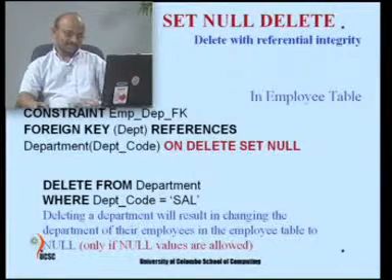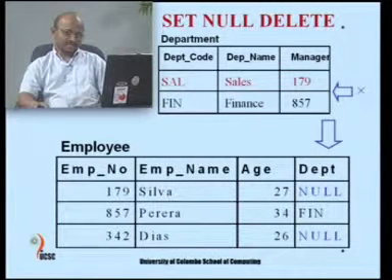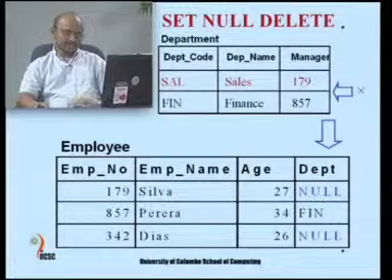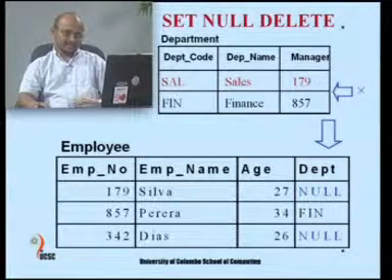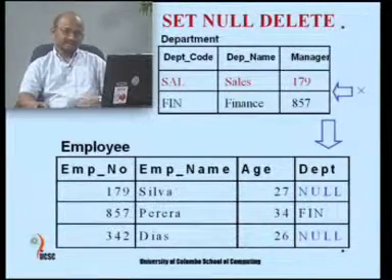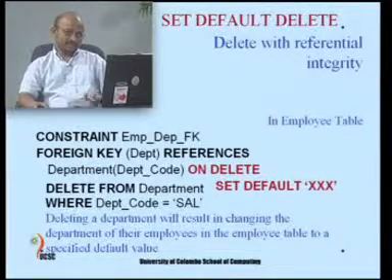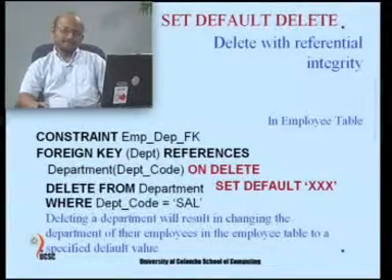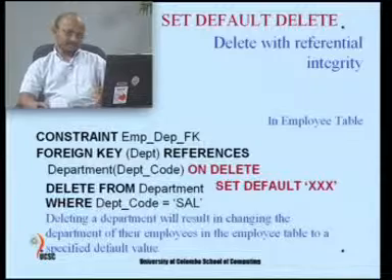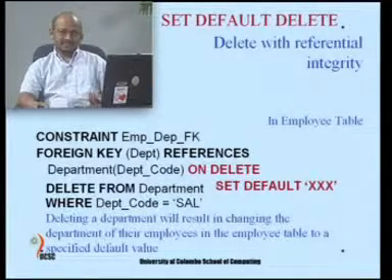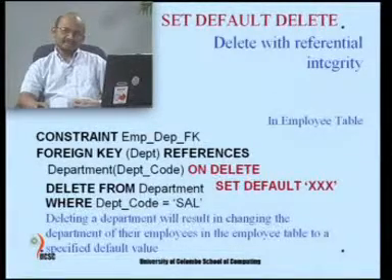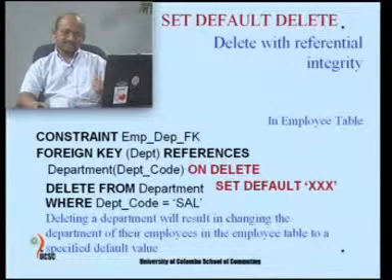In this particular case we are showing how to assign a null value, which will delete the sales department record and assign null values. And similarly, you can also attach a default value, and this delete statement is the same, only the constraint is what is going to change, and as a result based on that those values will be inserted.